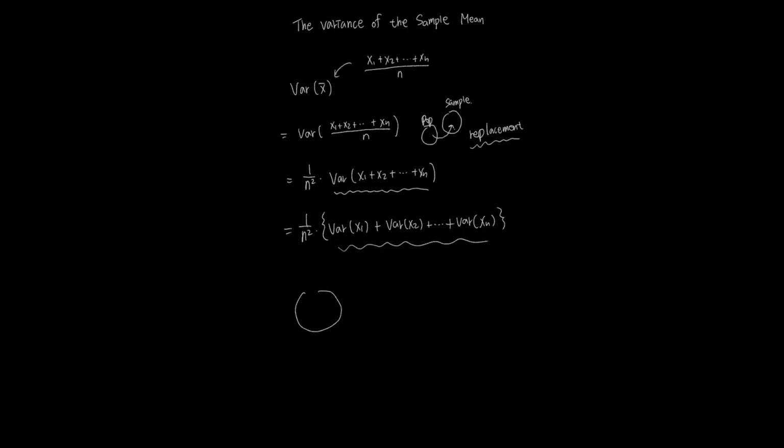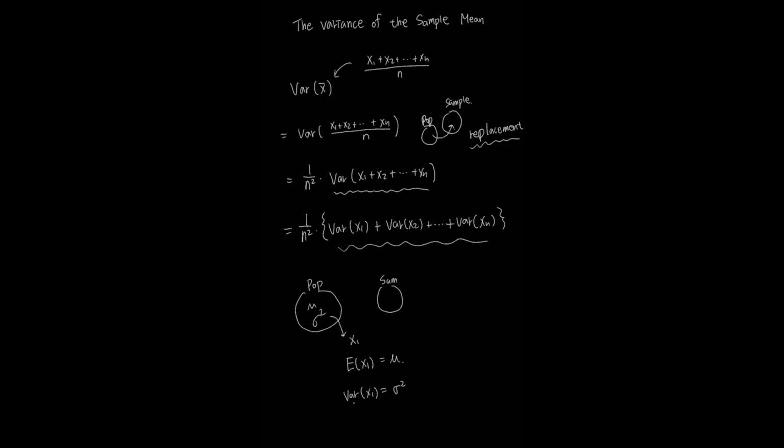This is the same as when we got the mean of the sample mean. Again, this is the population and this is our sample. When we take one element from the population, its expectation would be mu, the mean of the population, and obviously the variance would be the population variance.